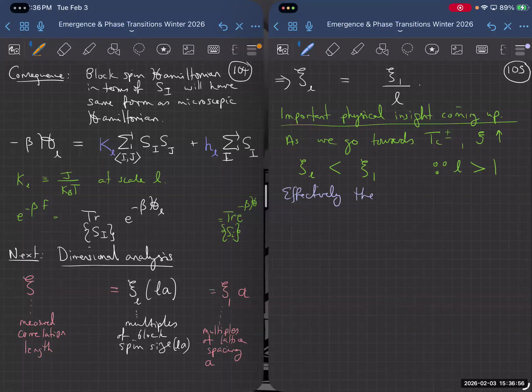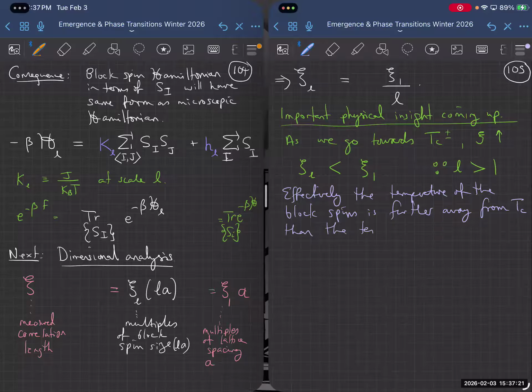And so what that means is that effectively the temperature of the block spins is further away from Tc than the temperature of the microscopic spins, by construction.